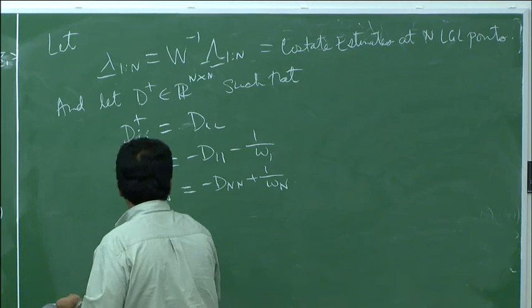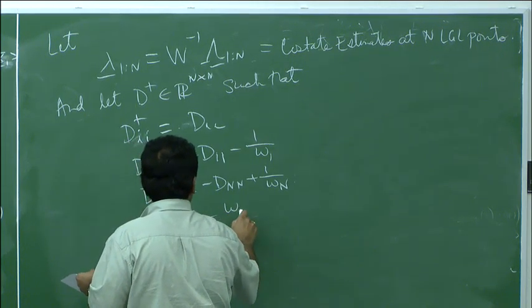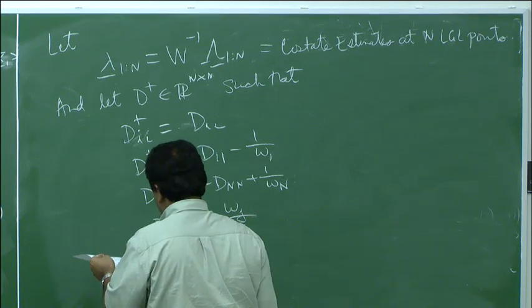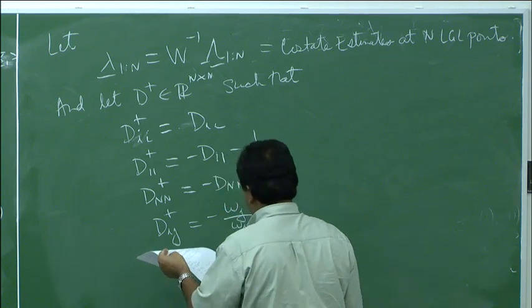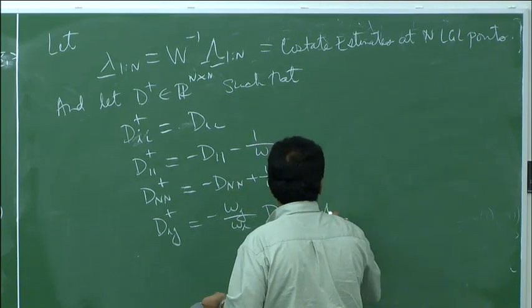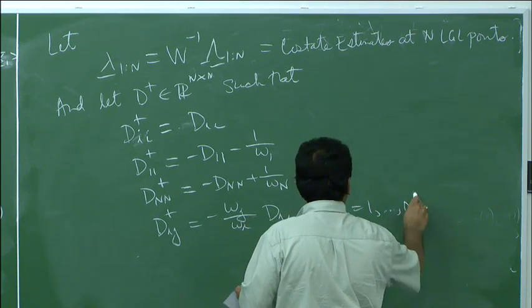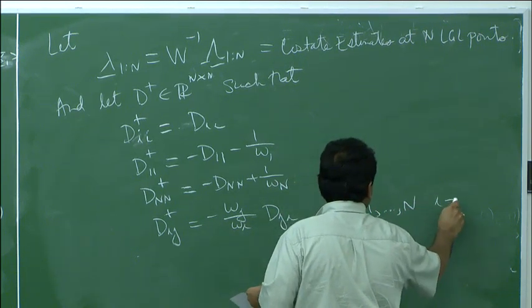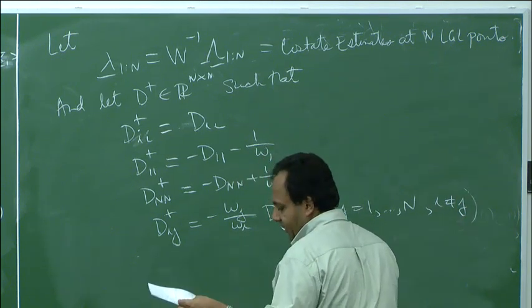And then finally, Dij dagger is equal to minus Wj over Wi times Dji. And this is for i and j equals 1 up to n, but i is not equal to j. Okay? So that takes care of all this.